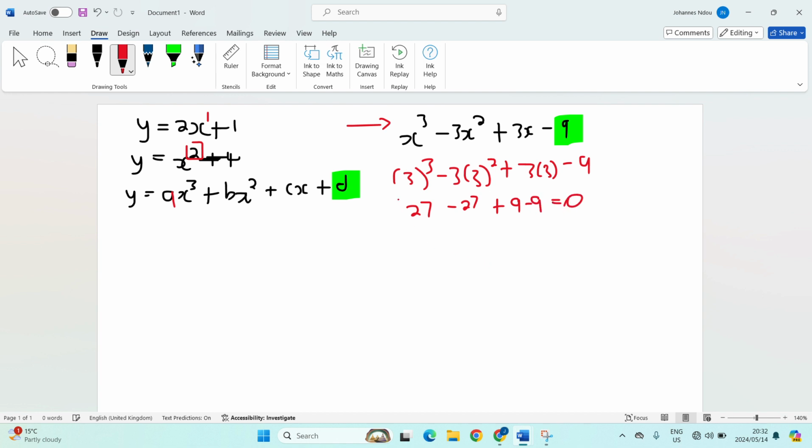So what does it mean? This means that when I plug in the value of 3, I get 0 here. What is our factor here?